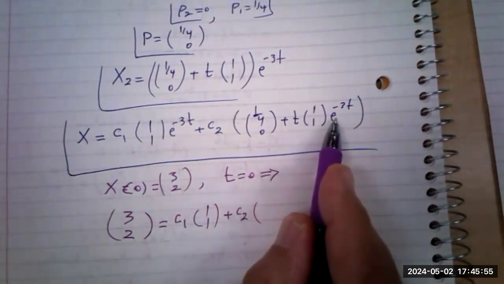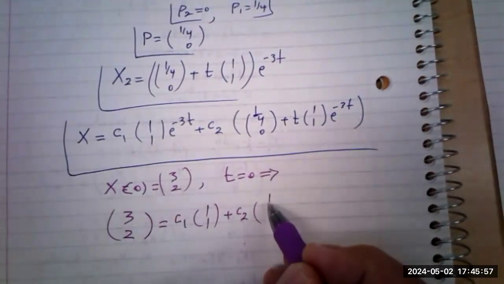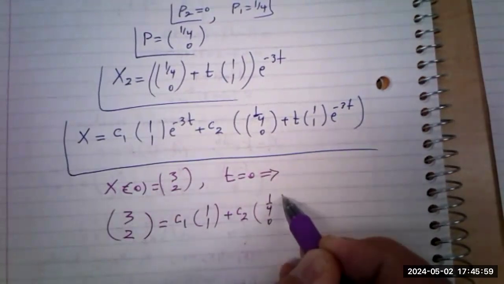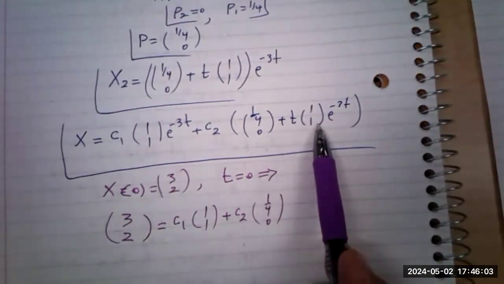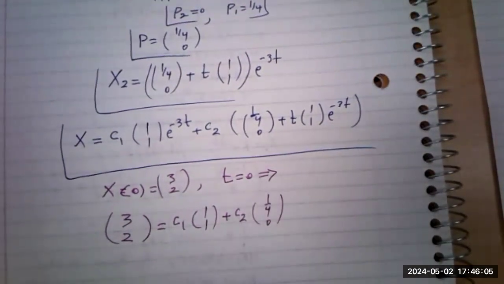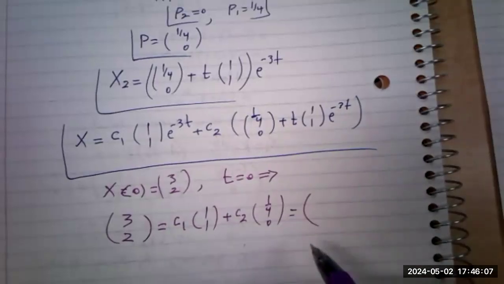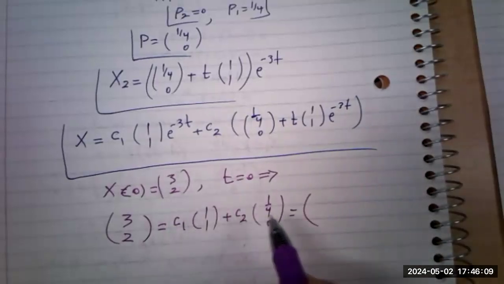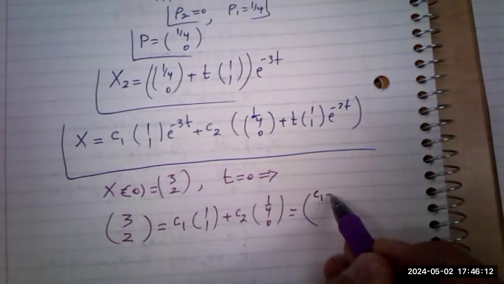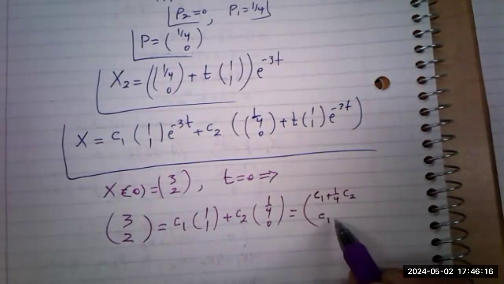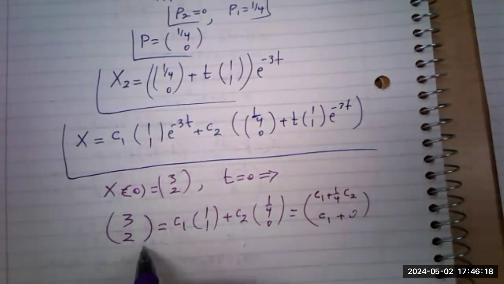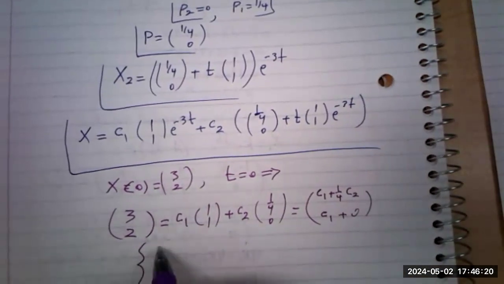Inside, t is 0, so that cancels out, and we get a quarter and 0, 1. Just write down the first row, C1 plus a quarter of C2. The second row is C1 plus 0. Let them equal to each other, and you get a system.